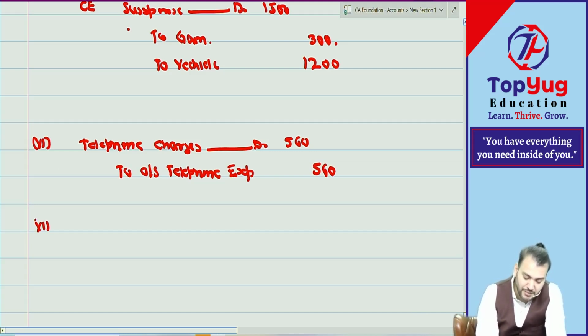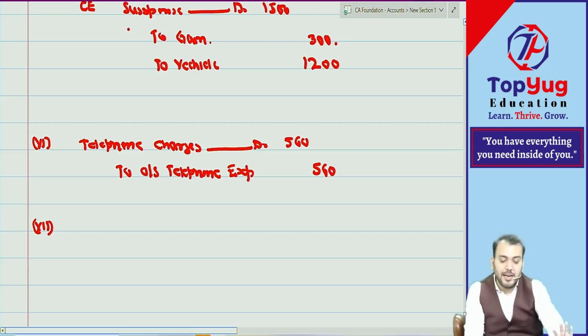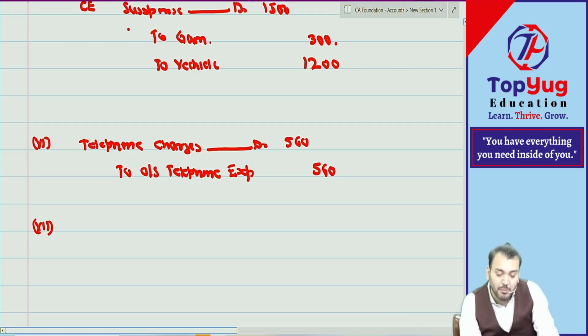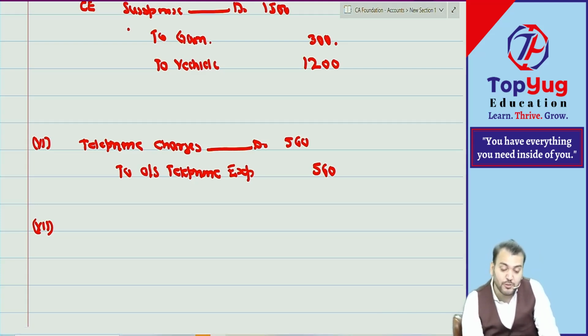Then point number 7 is also interesting. A bad debt of 1,560 had not been written off, and provision for doubtful debt should be maintained at 10%. Trade receivables shown in the trial balance are 23,390 with a credit provision for bad debt.